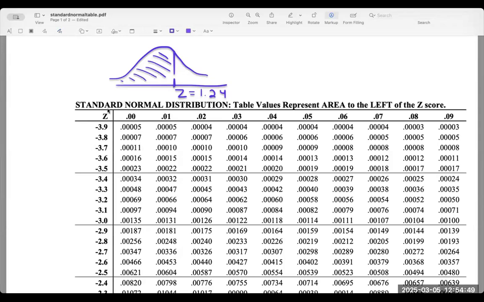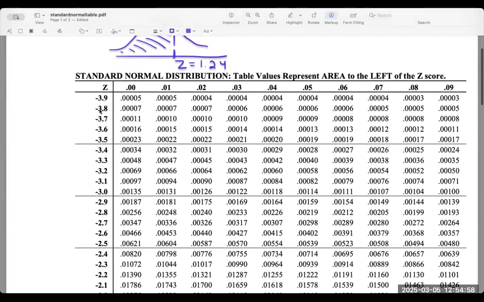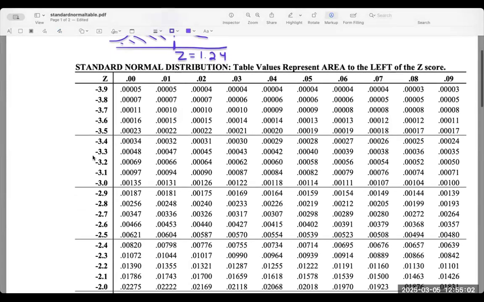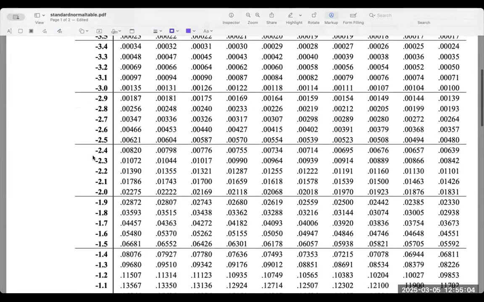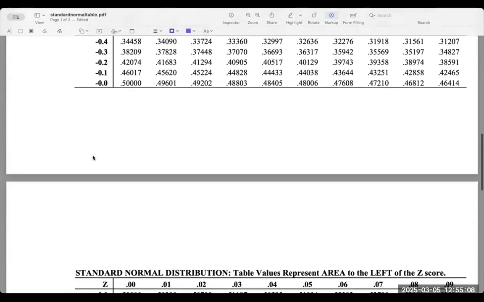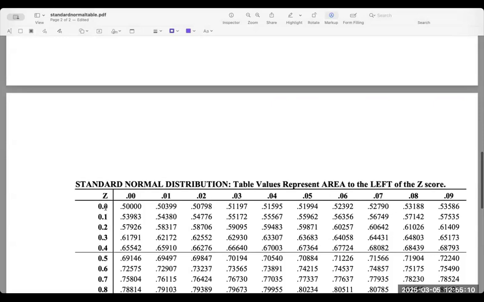For example, let's find Z is equal to 0. We know that when Z is equal to 0, that is the 50th percentile. So I'm going to scroll down. You see these numbers? This is Z is equal to -3.9, or -3.9 standard deviations from the mean. Scroll all the way down to 0. Right here, 0.0, you can see that I have 0.5, or 50%. Let's try another one we know.